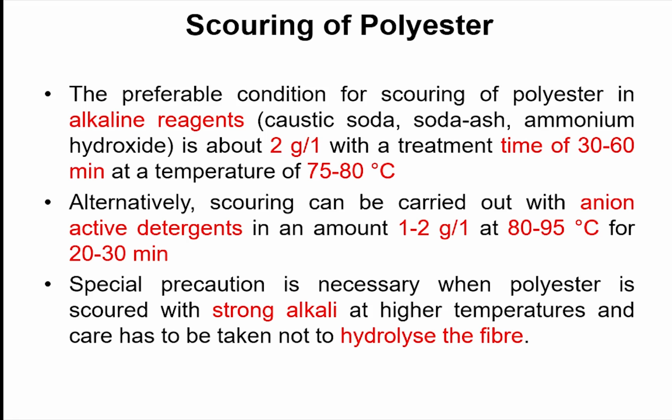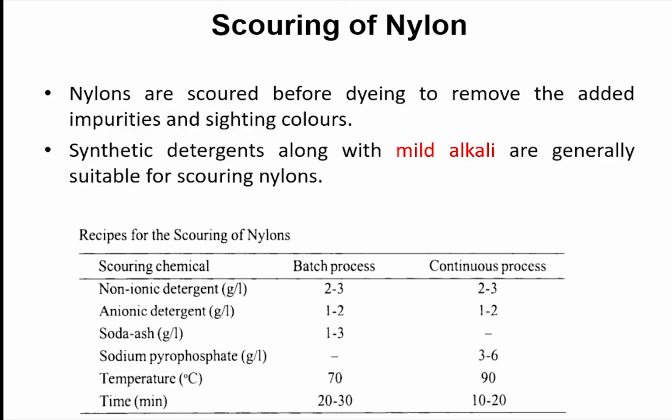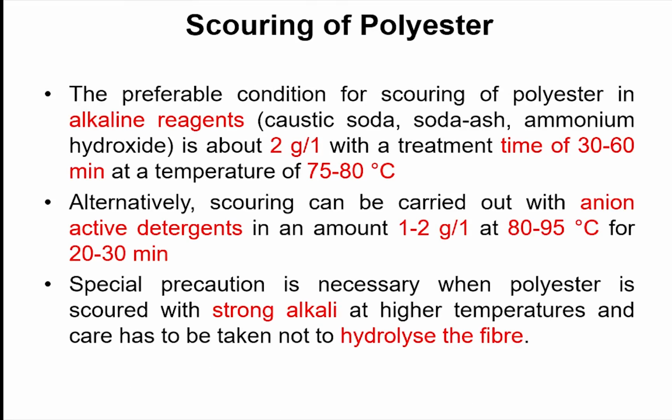Alternatively, scouring can be carried out with anionic active detergents. Normally in that case, they will use 1 to 2 gpl of anionic detergents at 80 to 95 degrees Celsius for 20 to 30 minutes. Special precaution is necessary for scouring of polyester because strong alkali will tender the polyester fiber.